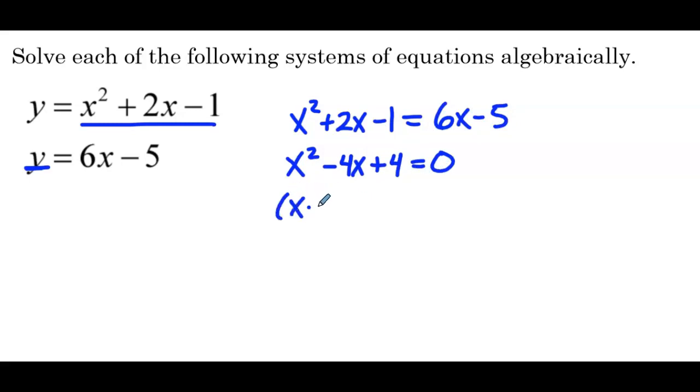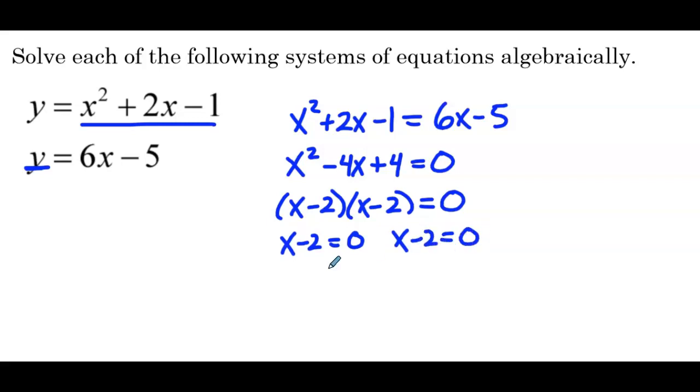We can factor. The factors are x minus 2 times x minus 2 equals 0. So either x minus 2 equals 0 or x minus 2 equals 0. So either x equals 2 or x equals 2. Well, those are the same x values, so that means that there's only 1 point of intersection.